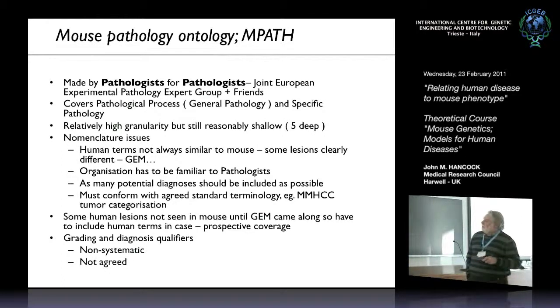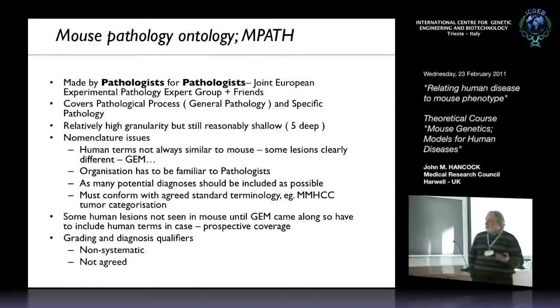There are some differences between human and mouse, and particularly in transgenic animals, genetically modified organisms, sometimes you get peculiar outcomes. There is an issue which is a common issue in ontologies, which is that bioinformaticians want one thing from them, and the biologists working with them want something different.